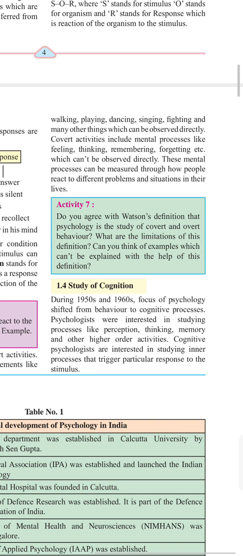People started focusing on psychology as the study of understanding cognition. Psychologists were interested in studying processes like what the person perceives, what the person is thinking, memory, and higher order activities. Cognitive is the brain-related activity done by the person. Cognitive psychologists are interested in studying inner processes that trigger a particular response to the stimulus, right?